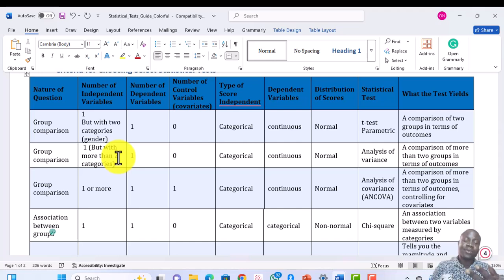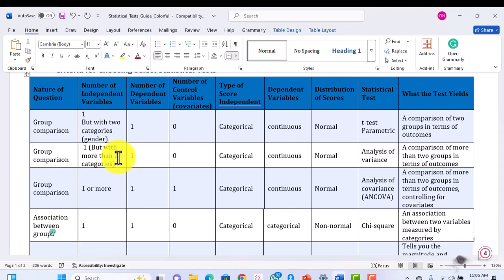We have the Hausa, the Yoruba. You want to consider whether ethnicity is affecting student achievement, or you give the parents, you want to see the marital status of parents: married, single parents, divorced parents. So the independent variable is marital status, but it has categories under it.